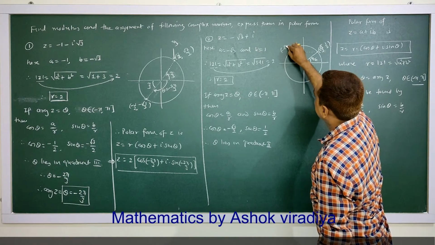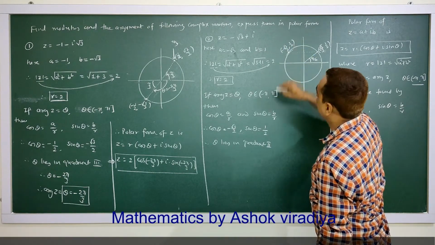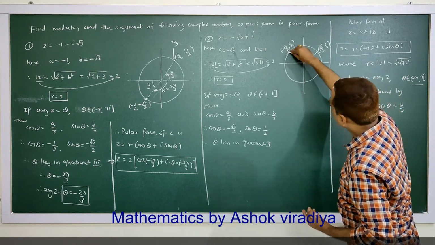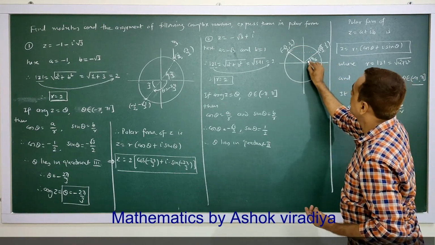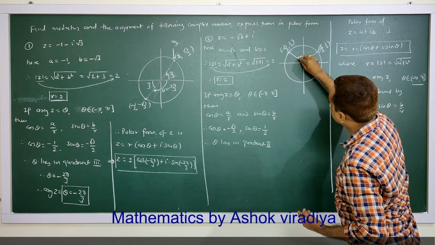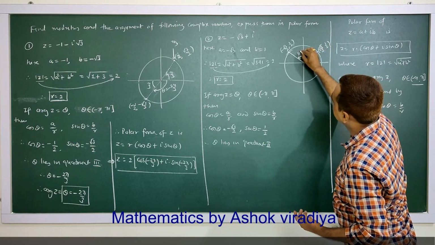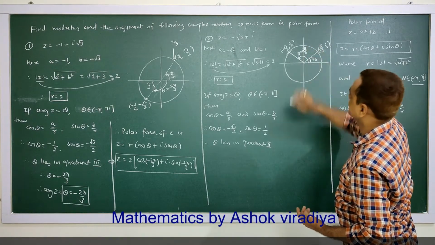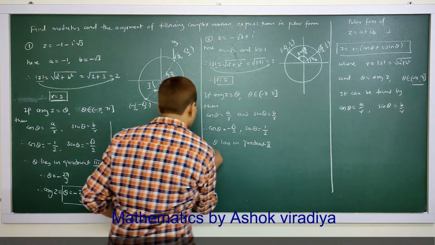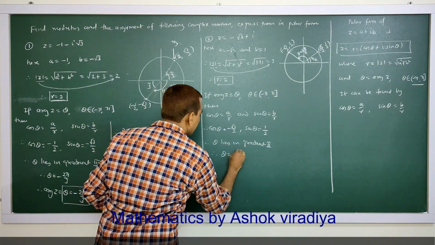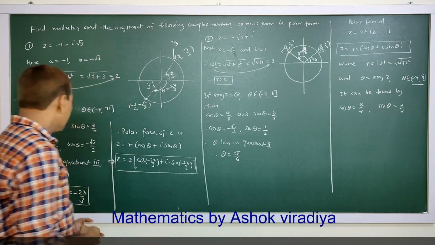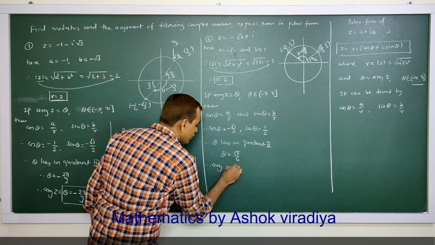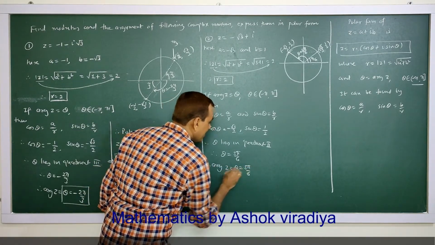This will be minus root 3 by 2, 1 by 2, which are the values we have. So theta corresponding to this point will be pi minus pi by 6, so this will be 5 pi by 6. Therefore theta is 5 pi by 6, and the argument of z is 5 pi by 6.